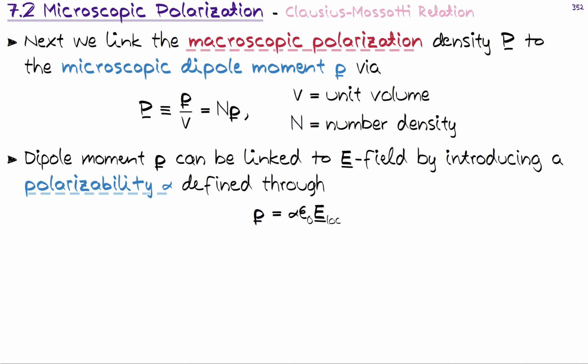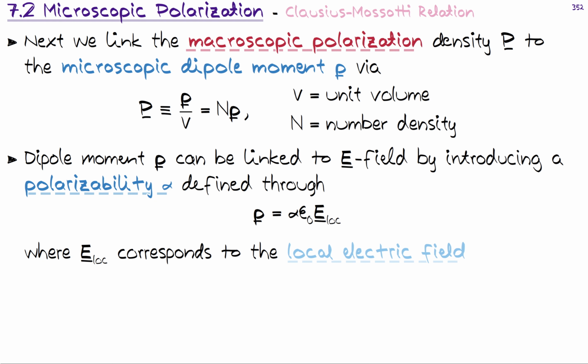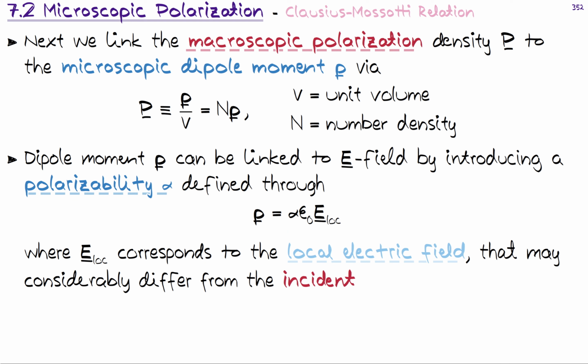And please note here we have the local field and not just whatever incident field, but rather the field that is actually being felt by this nanoscale object. So E_loc is the local electric field, and that may, depending on the piece of material, actually be quite different from the incident or applied field.